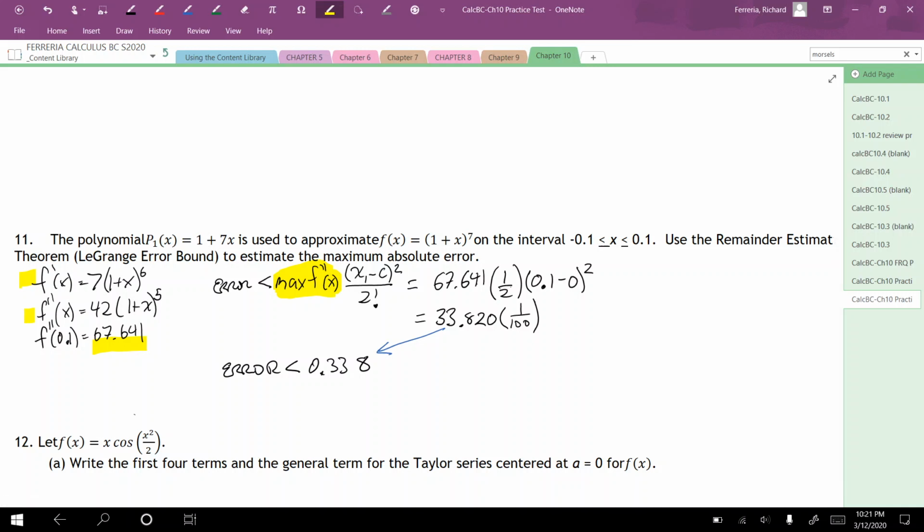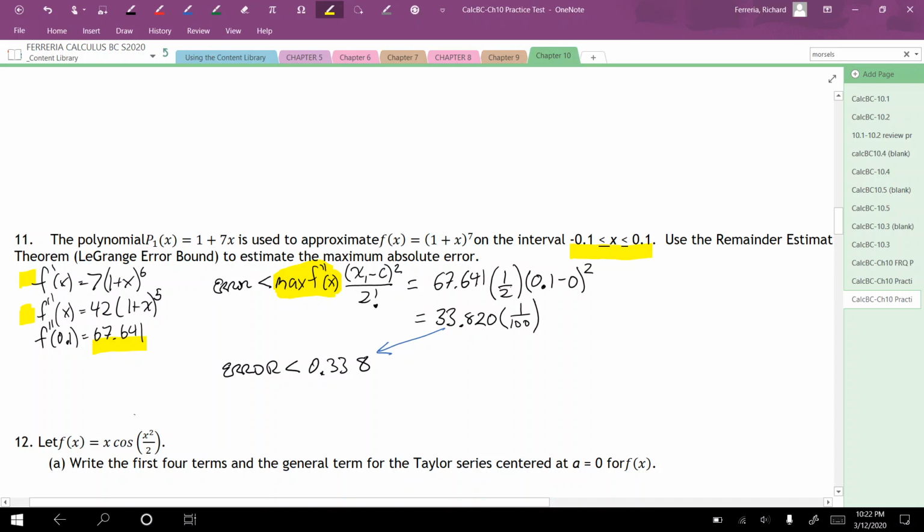If you're not presented with a graph, then you're going to have to do a little bit more thinking about this. This is a 5th degree polynomial. This second derivative is a 5th degree polynomial. It looks like the only place we'll have a critical value is where x equals -1, which is nowhere near this interval.